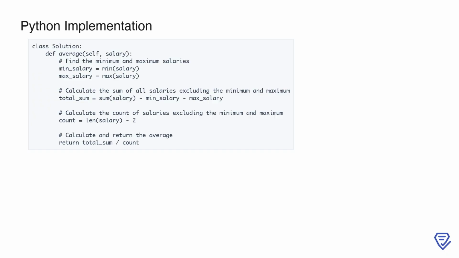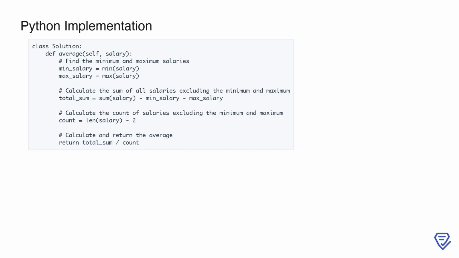3. Next, we calculate the total sum of all salaries in the list using Python's sum function. To exclude the minimum and maximum salaries, we subtract min_salary and max_salary from the total sum. This ensures that only the remaining salaries contribute to the sum. 4. To compute the average, we also need to know how many salaries remain after excluding the minimum and maximum.